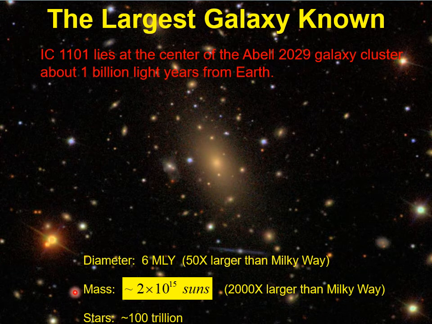The mass of this galaxy is estimated to be 2 times 10 to the 15th power suns, which makes it 2,000 times more massive than our Milky Way. And the number of stars in this galaxy is estimated to be 100 trillion stars. So this is the current record holder for the largest galaxy in the universe, and there are certainly probably larger ones, but we have yet to find them.